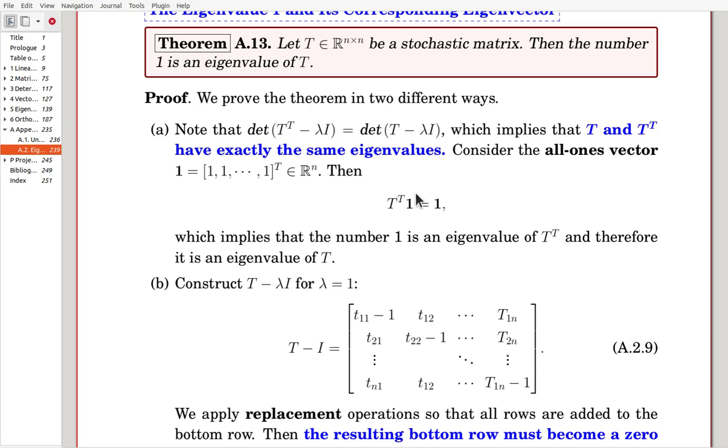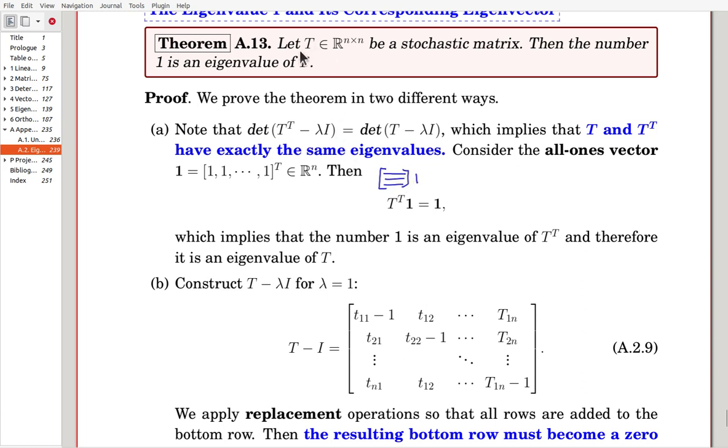Then T transpose is the matrix, and this is all ones. Now for each row in this product, a dot product will be performed between the row and the vector. But because it's all ones, the result must be the sum of this row.